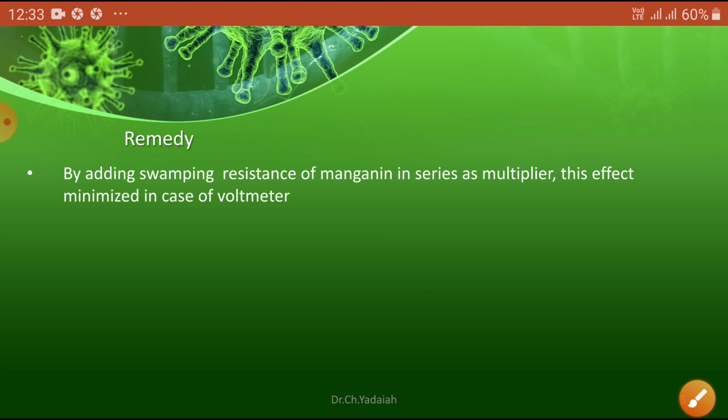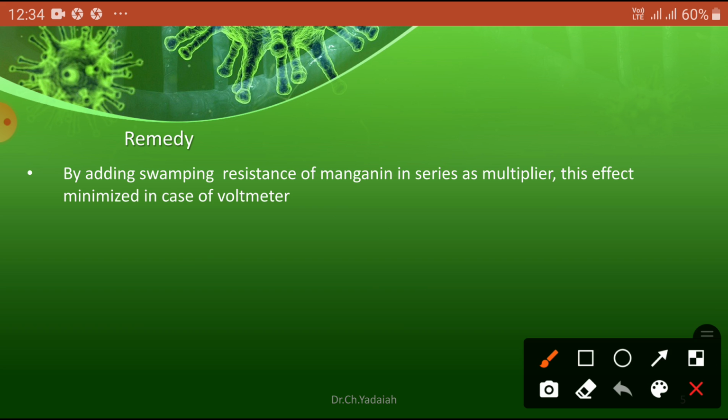Now, in the case of the voltmeter, we are using the swamping resistance made of manganese in series with the multiplier. So what is the multiplier? Here I have a voltmeter designed for only 1 volt, but I want to measure 100 volts.